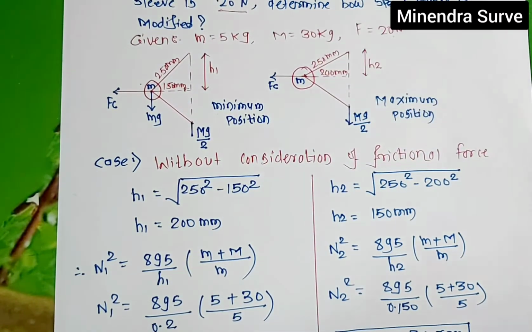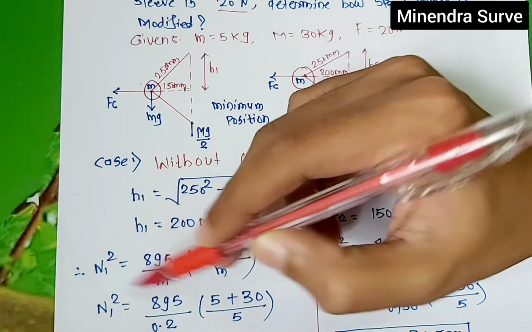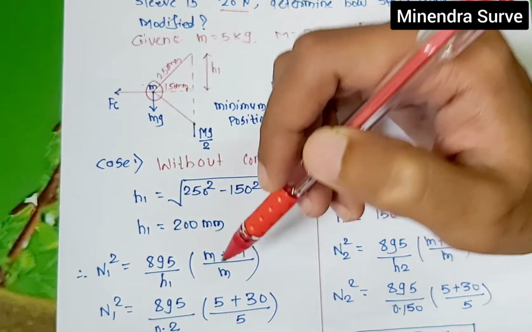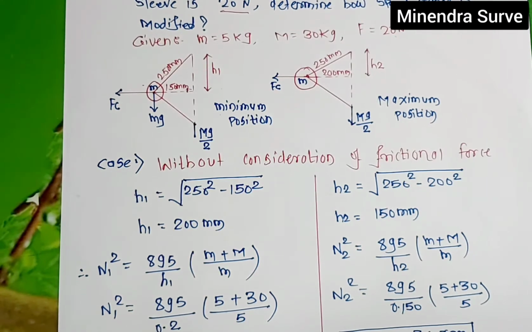How to calculate N1? We have the expression for N1 squared from the first lecture. If you have not watched that lecture, you can go through lecture number 1, where we discussed how this expression comes from the derivation. N1 squared is equal to 895 by H1 times the bracket of small m plus capital M divided by small m.